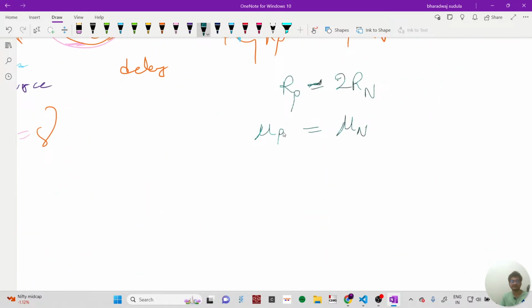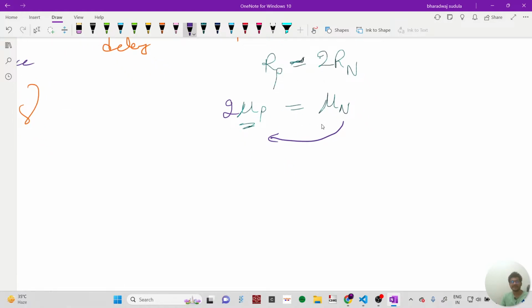So mobility of holes is, actually, this relation is wrong. Mobility of holes is one half of the mobility of electrons. I'm just confused. Yes, mobility of electrons is double the mobility of holes.